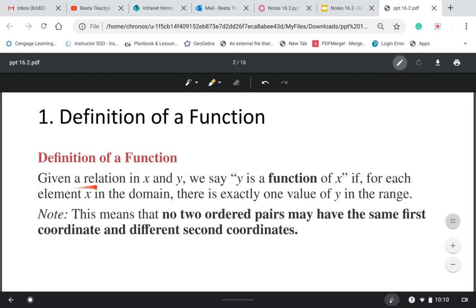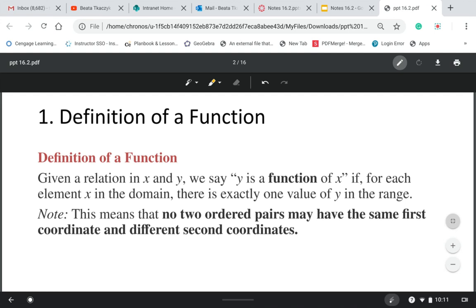Given a relation in x and y, we say y is a function of x if for each element x in the domain, there is exactly one value of y in the range. So each x has assigned exactly one y value.